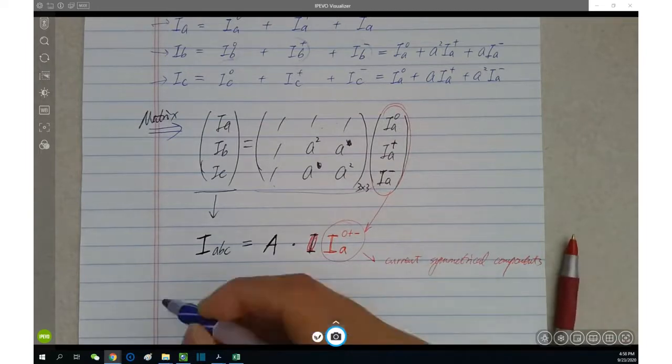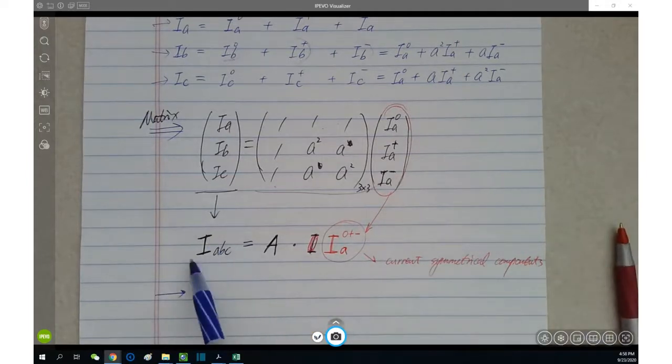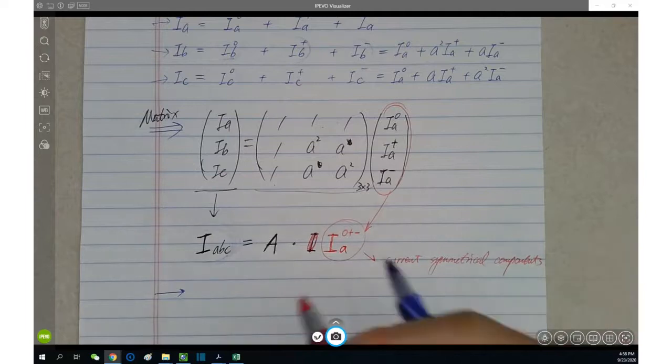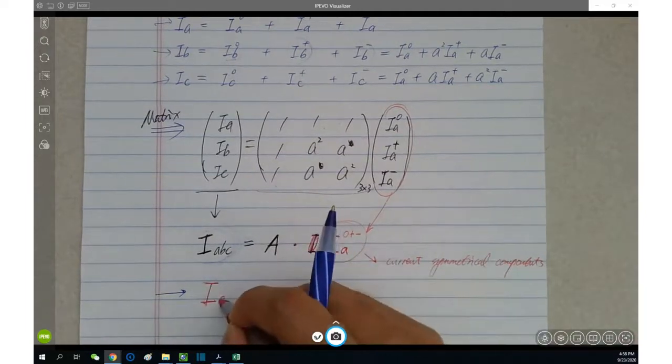And of course, we can go the other way around, because this is looking for the total unbalanced three-phase current based on the given, or known, current symmetrical components. Now, if you're looking for the symmetrical components, of course, you can do that too.